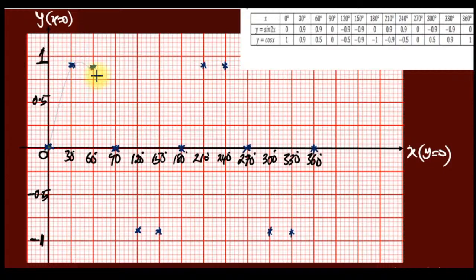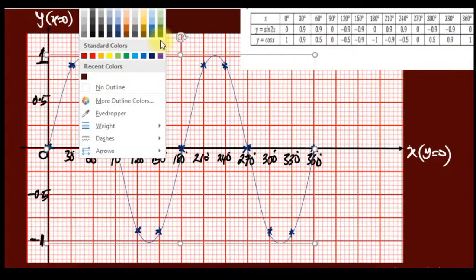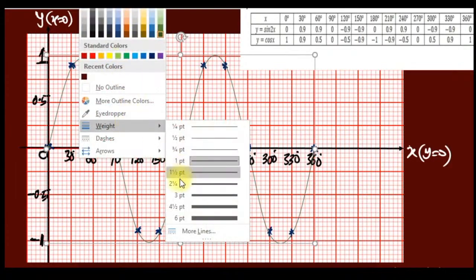We are moving through the points, and finally, let's change the color to green and make the line thick.